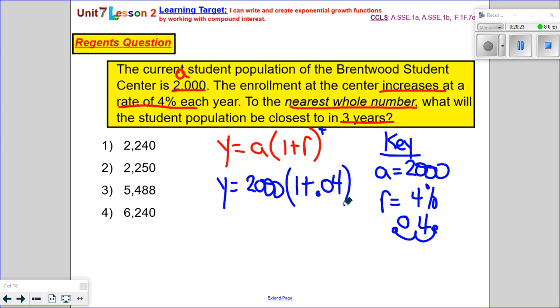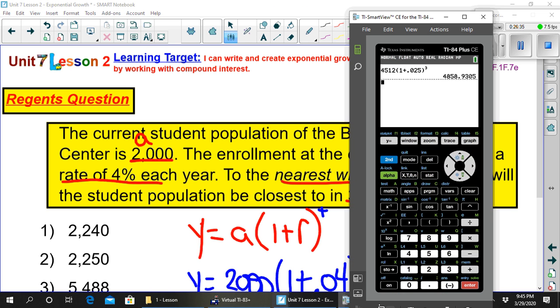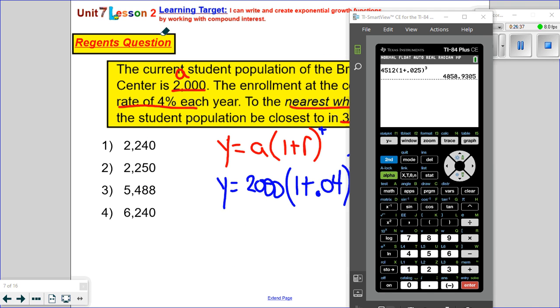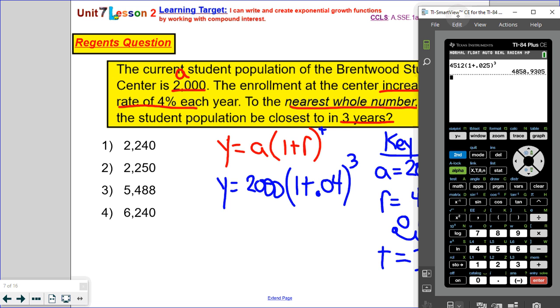Time, 3 years. That's it. Grab your calculator. Well, actually, you should have finished this already, but grab your calculator and hopefully finish this up. Clear it, and then put 2,000 times (1 plus 0.04), close parenthesis, to the third power, enter. 2,000.